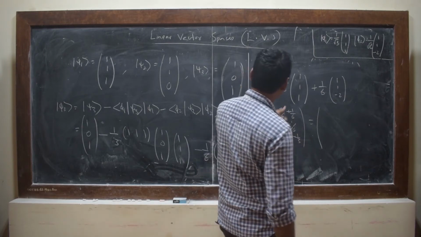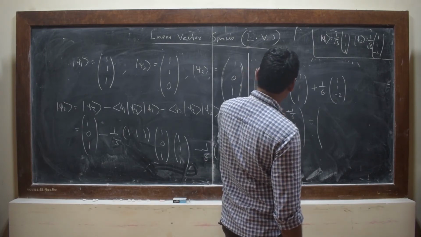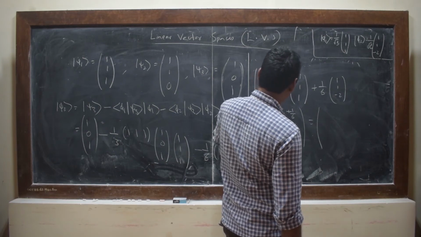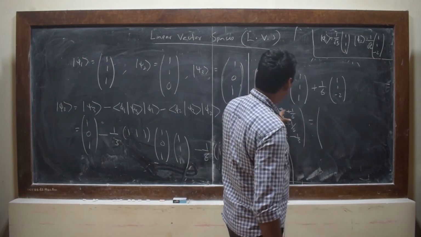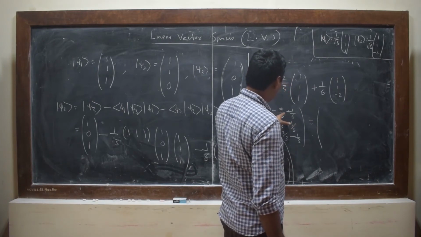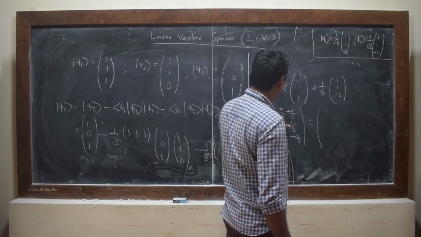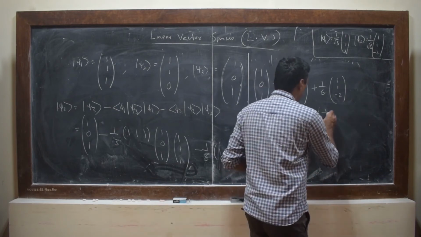Okay. So, let me see again. 1 minus 2 by 3, you will have 2 by 3, oh, plus, okay, this minus, so you will get 1 minus 3 by 6, so it will be 1 minus half, so it will be a half here.